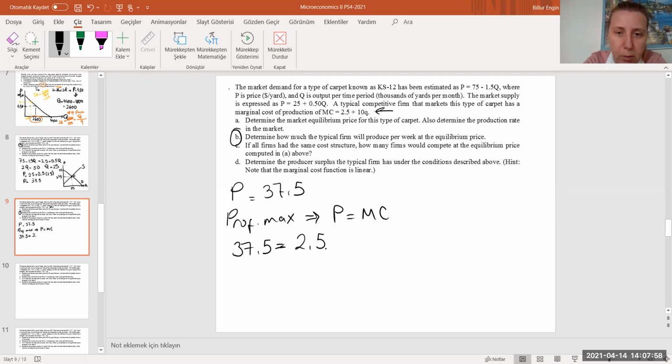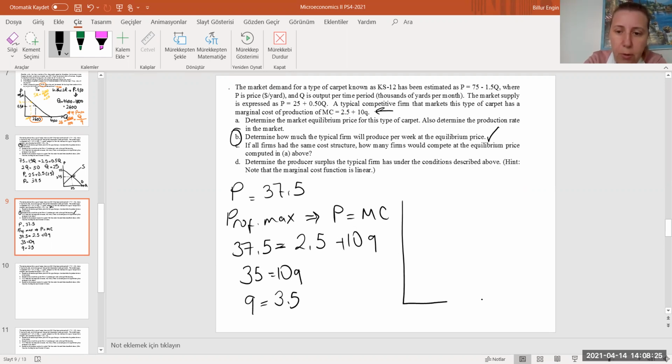So it is 2.5 plus 10Q. In that case, we will get 35 equal to 10Q, and the profit maximizing level of output is 3.5 for each firm. Okay, we found it.